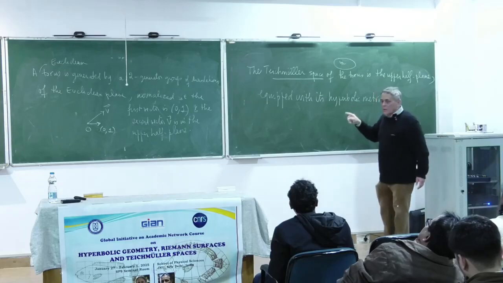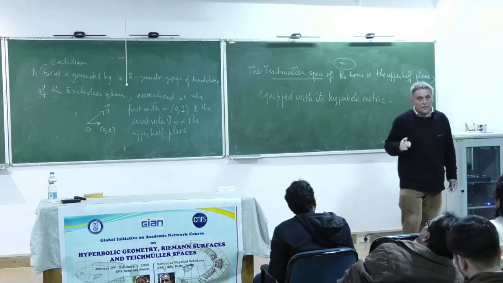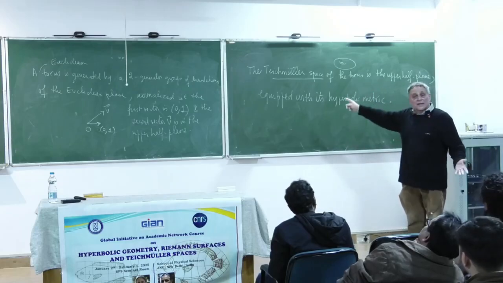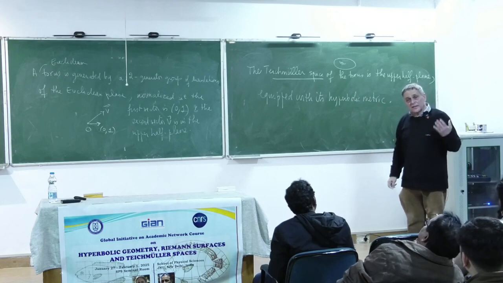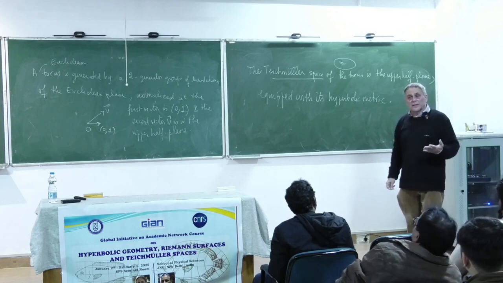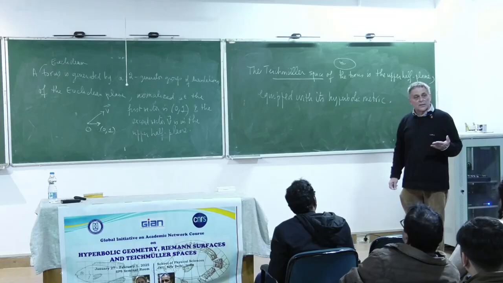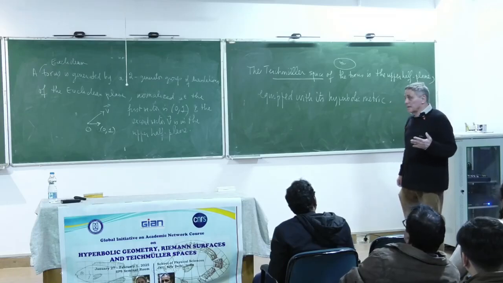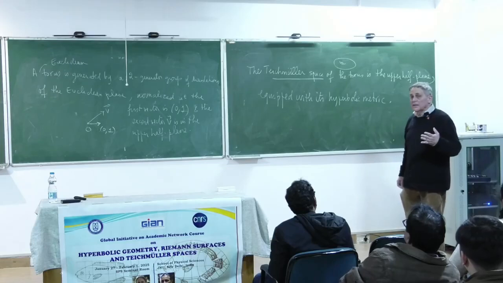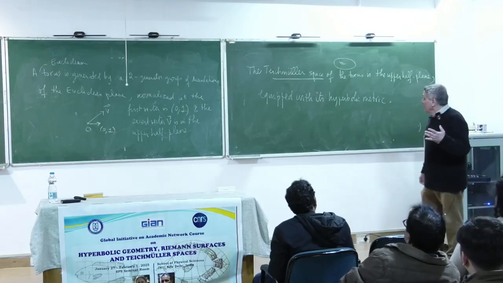So why am I talking about a metric here? Because I talked about Teichmüller space. I told you that this is a space, but I didn't tell you that it is a metric space, right? But I will tell you. No, I cannot because I need more than five minutes.